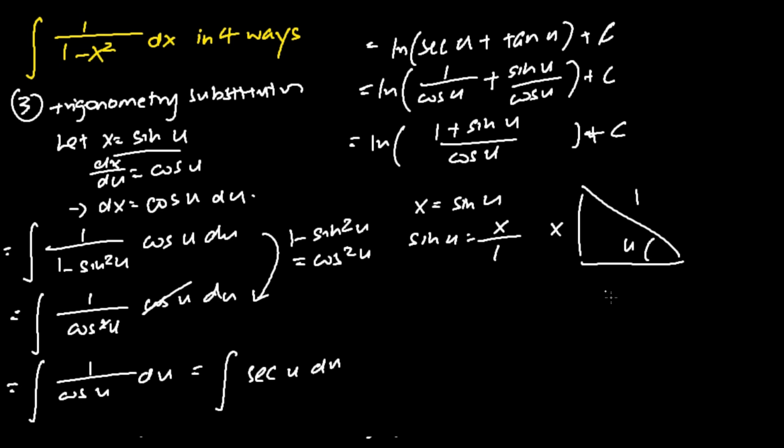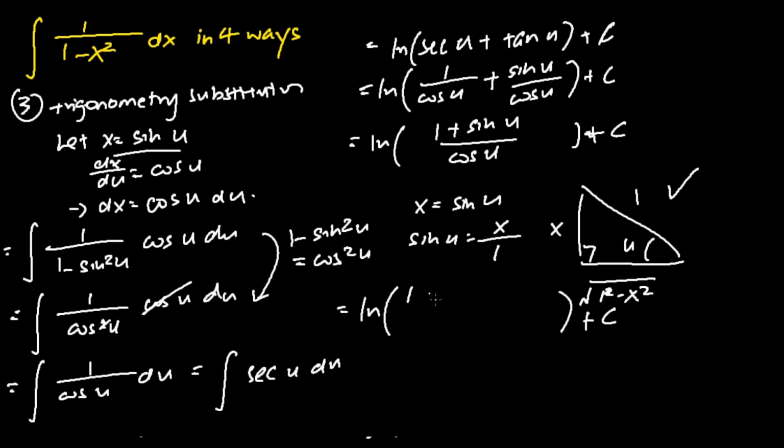To find the adjacent length to the angle, I will use the Pythagorean method, and I will get the square root of 1 minus x squared. That will be the length of the adjacent for the angle u. So using this information, I can now express the answer in terms of x.